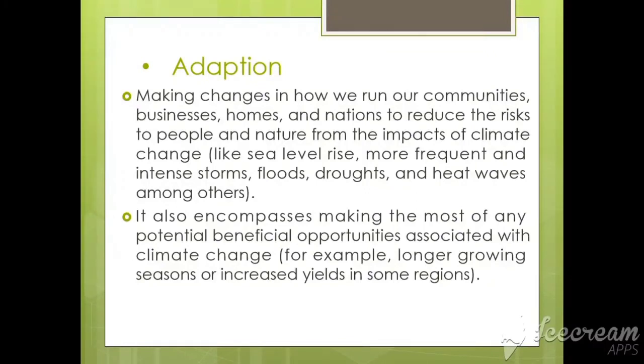So, kailangan nating baguhin yung pagtakbo ng communities para maiwasan yung sea levels, more frequent and intense storms, flooding, droughts, and heat waves. So, i-adapt natin yun sa buhay natin.